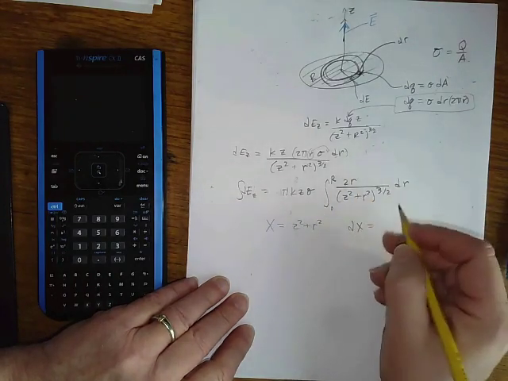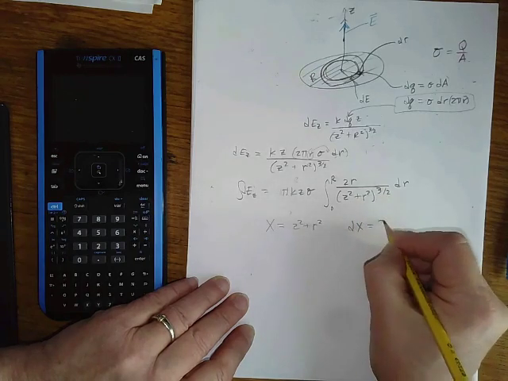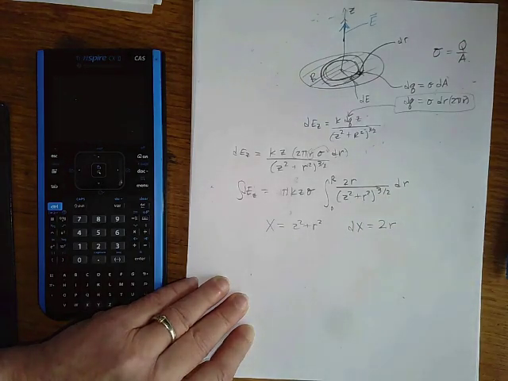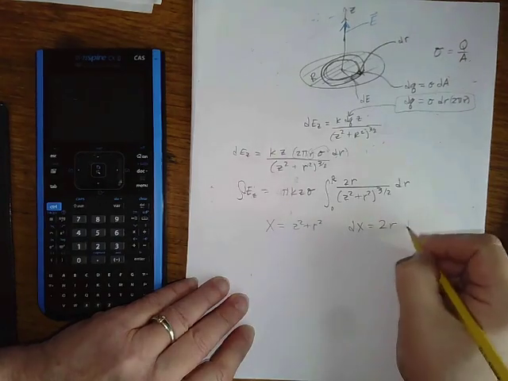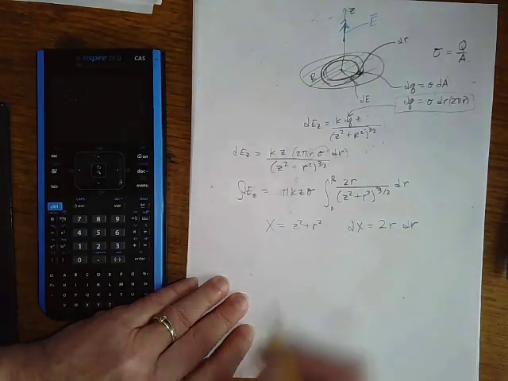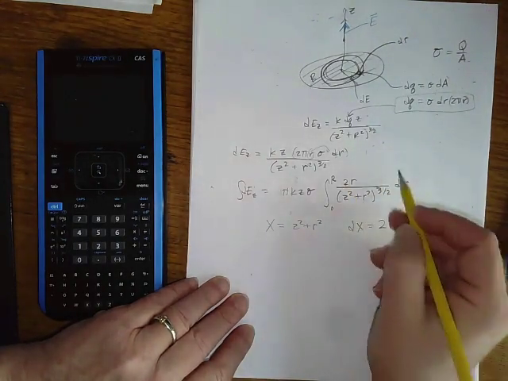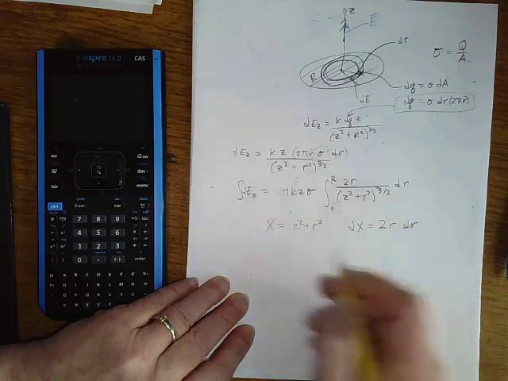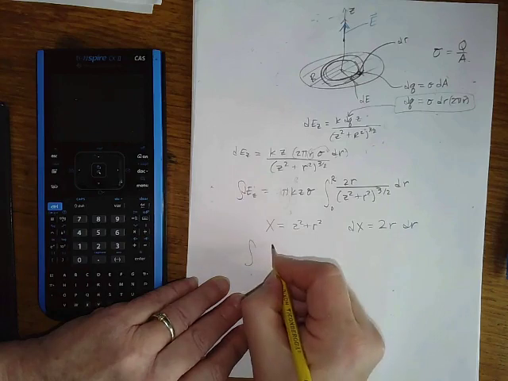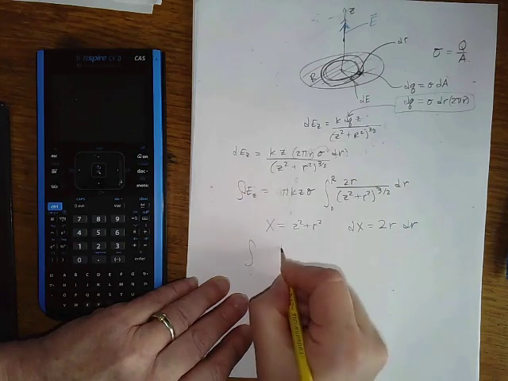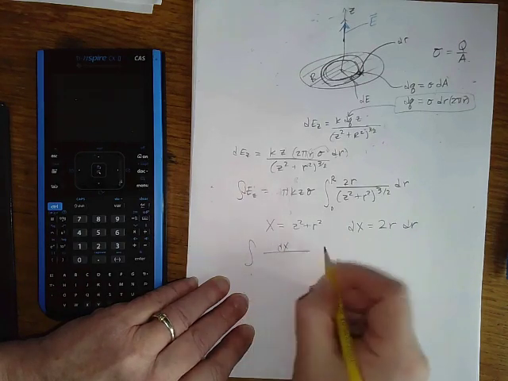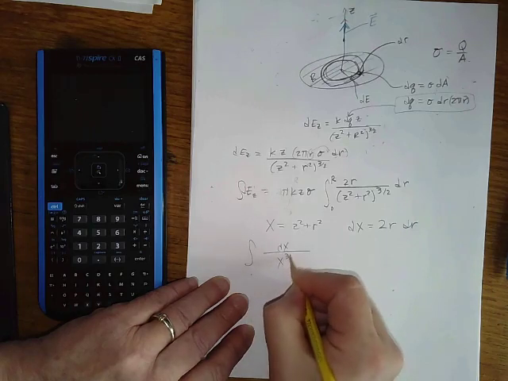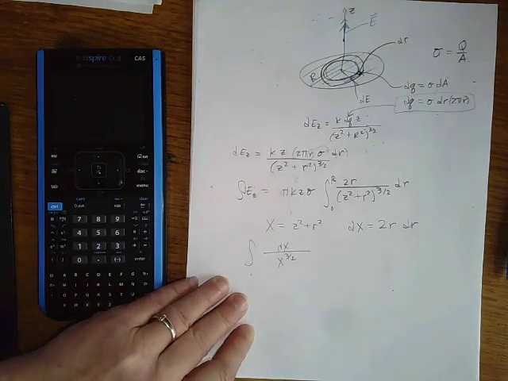Our variable is r, so taking the derivative with respect to r, we'll just get 2r dr. And so when we substitute in, we've got 2r dr and we've got x to the 3/2 power, so our integral becomes dx over x to the 3/2 power.